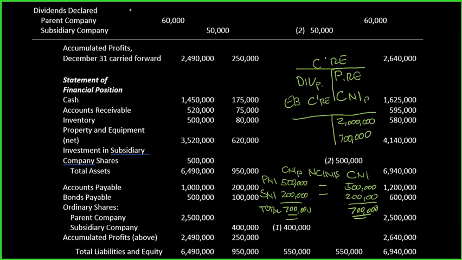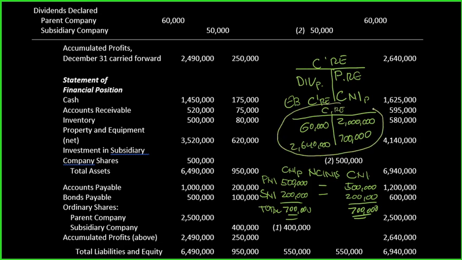Tulungan nyo ako. Ayun, the dividends declared by the parent is 60. So, less 60,000. So, 2 million plus 700 less 60. This will be 2,640,000. So, that's now your consolidated retained earnings.